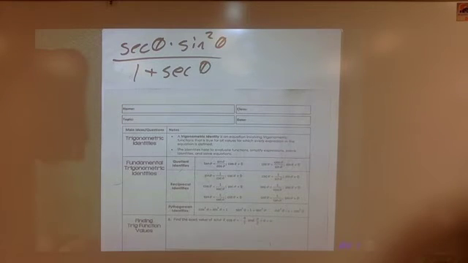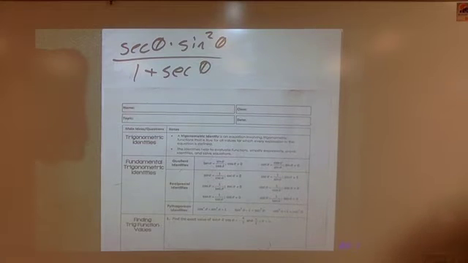Let's say the sine squared theta. Is that going to help? I don't know about that. 1 plus secant theta, I mean, that would have to be squared. But even that was not quite right.